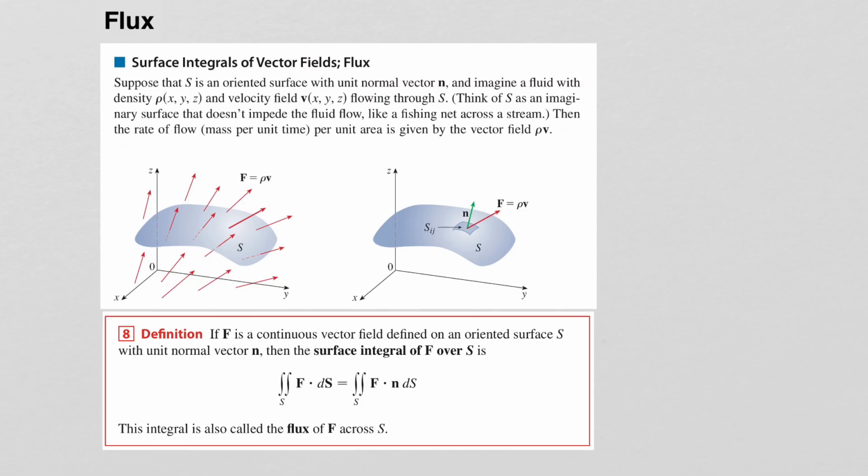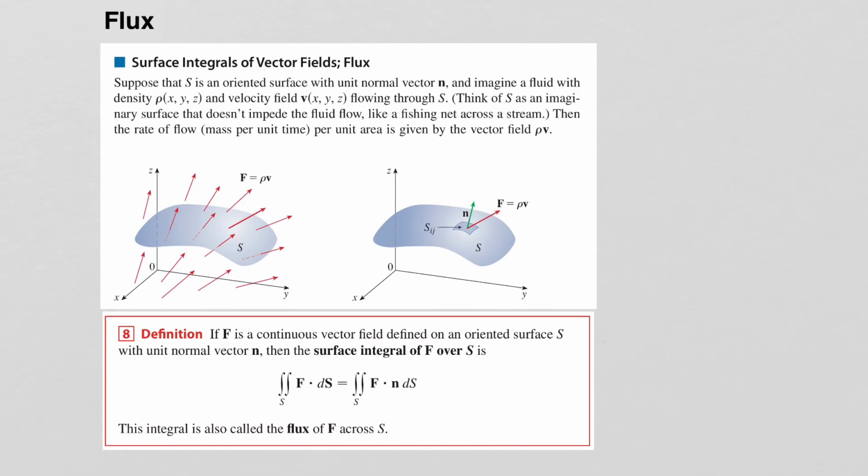And then imagine if you had sort of an invisible surface there. The flux is the measure of how that vector field is flowing through that surface. Okay? Now, if it's flowing tangent to the surface, basically there will be no flux at all. Whereas if it's flowing perpendicular to the surface, you get sort of a maximum flux, okay?